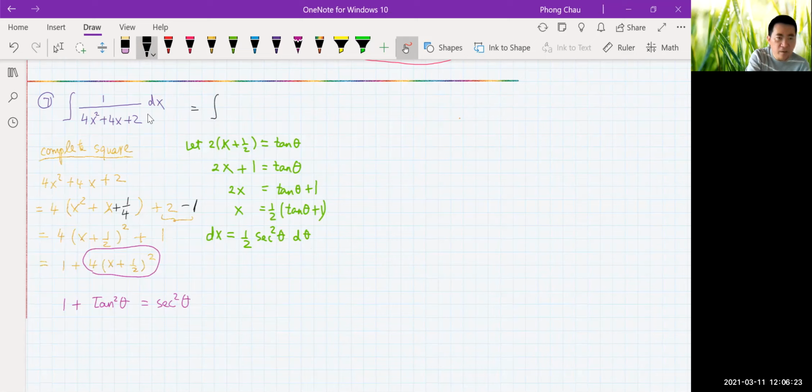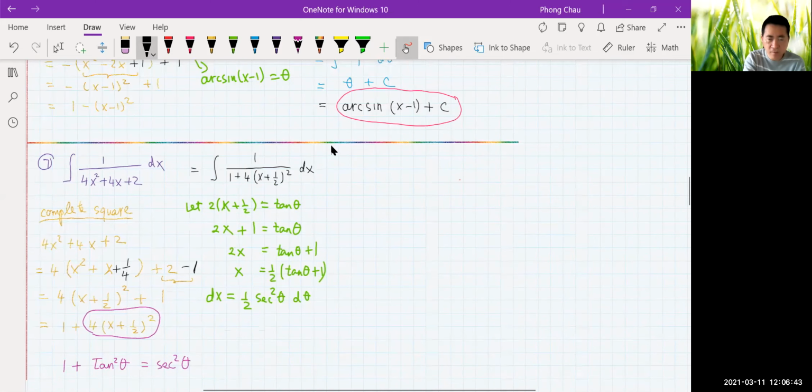After you complete the square, you see that the denominator becomes 1 plus 4 times x plus half squared, dx. So if you substitute in from here, you see 1 plus this quantity is tangent squared.